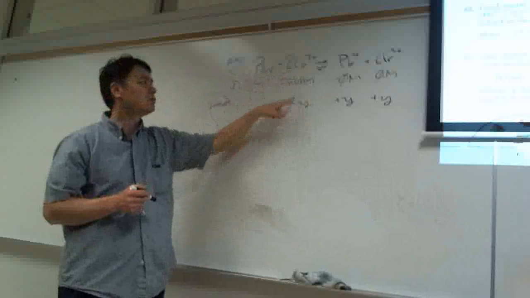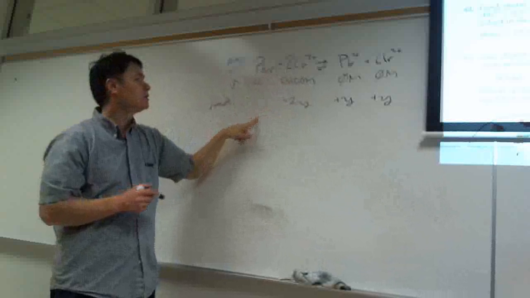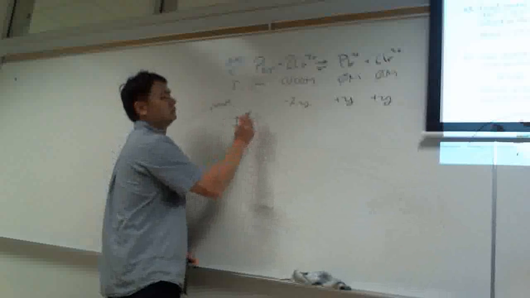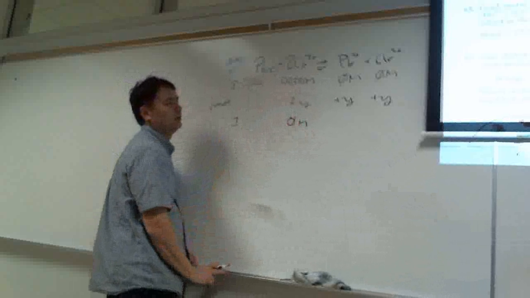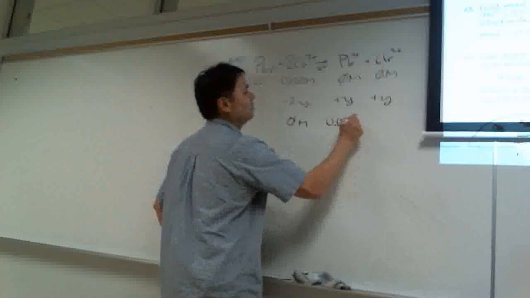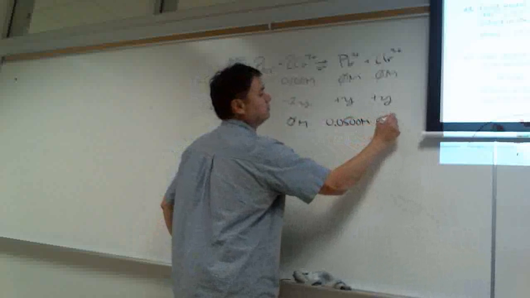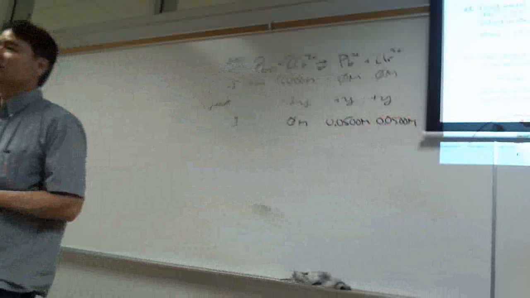And so chromium 3 should be the limiting reagent, and what's the reset initial going to be? Well, if this is limiting, we should lose all of it. Therefore, y must be 0.05 molar. Okay, now does this look like a good set of initial conditions?